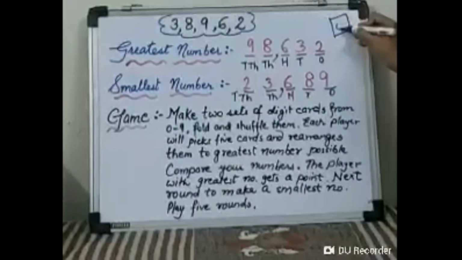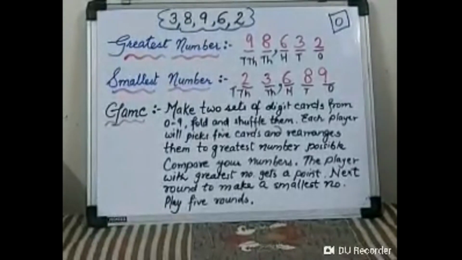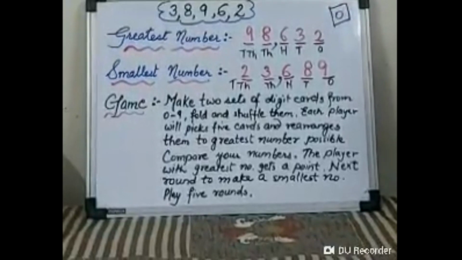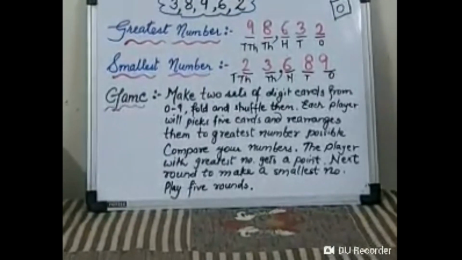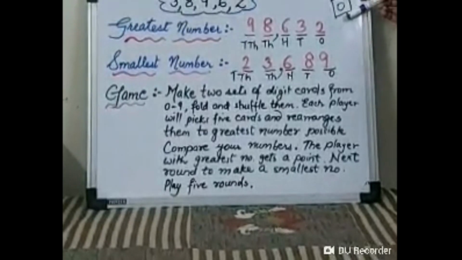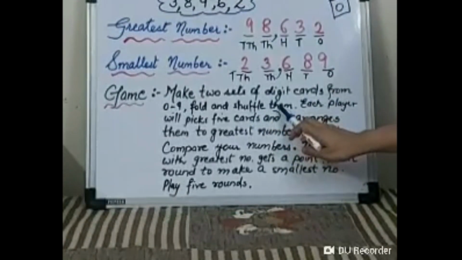Over here, suppose you have written 0. Similarly, you are going to make these kind of chits numbering from 0 to 9. Children, make 2 sets of these digit cards. Then you are going to fold these papers and shuffle them.